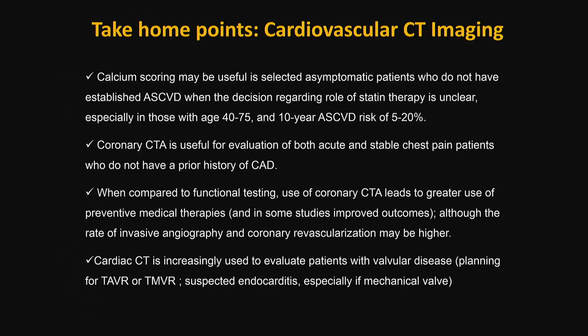When we do find significant calcium, it's important to implement aggressive preventive therapies, both pharmacological therapies and lifestyle therapies, but it's important to recognize that the vast majority of these patients do not need more testing.